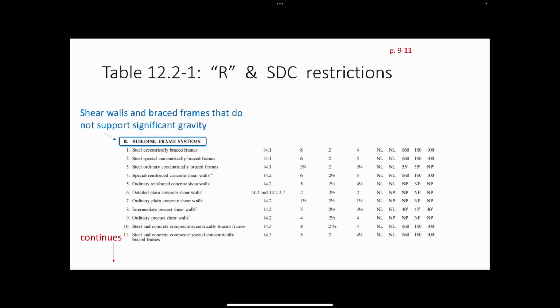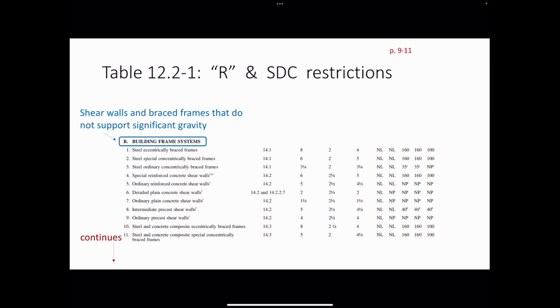If you have a shear wall that is in a building frame system, right, because you'll see the same list of shear walls in category B that you saw in category A, that means that those shear walls are not responsible for supporting gravity loads, or not significant gravity loads anyway.